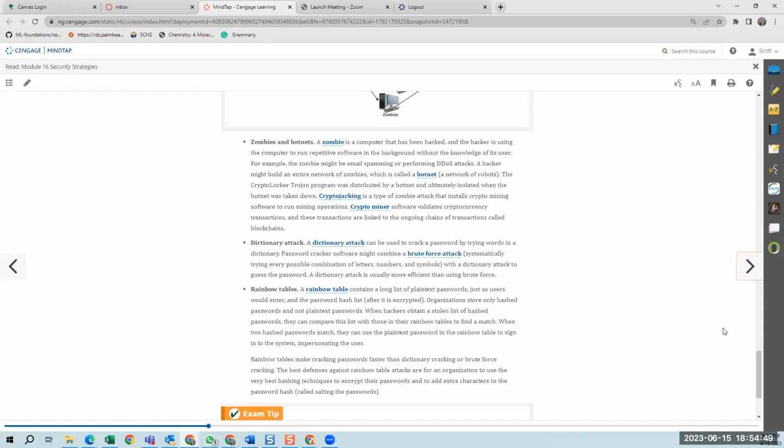Dictionary attack is essentially, there's a list of common passwords, and those common passwords, people use them. A lot of people use the same password.